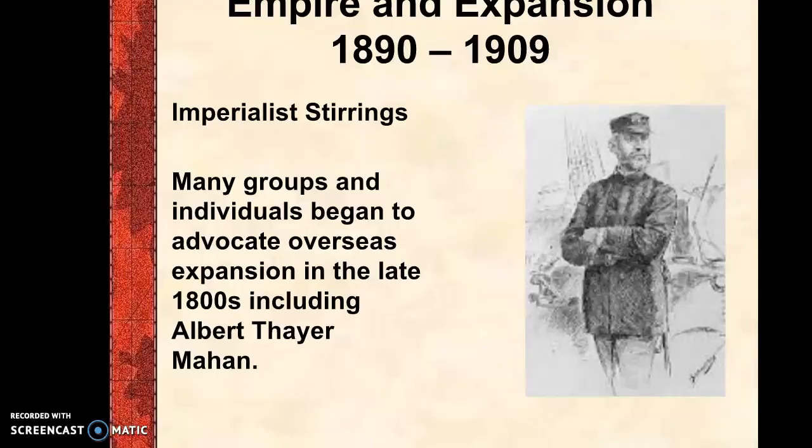Anyway, by the second half of the 1800s, as the frontier was closing, many Americans, including Mahan, who wrote a pretty influential book entitled The Influence of Sea Power upon History, advocated the creation of an American empire overseas.